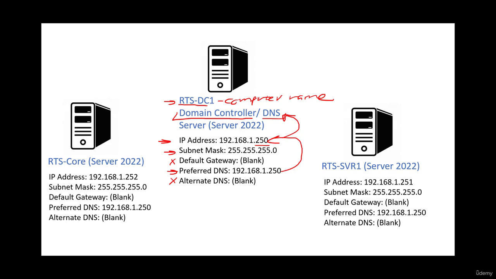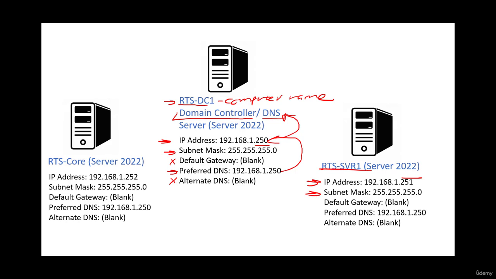After that's done, if I want to join other servers to the domain, like RTS SVR1, it needs an IP address. Now the IP address, I just chose 192.168.1.251, but this could have been whatever IP address you wanted, 192.168.1.7 if that's what you want. Default subnet mask.